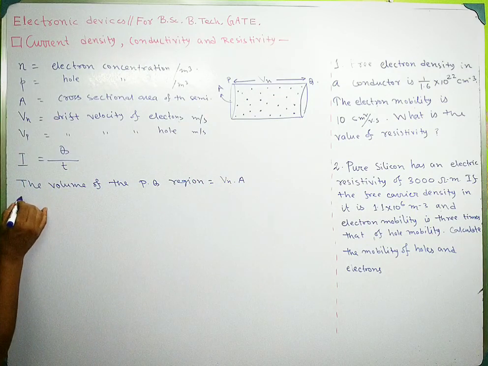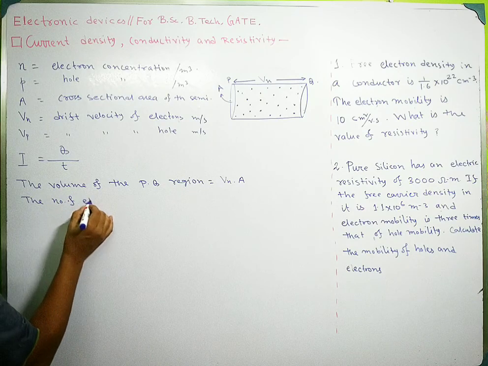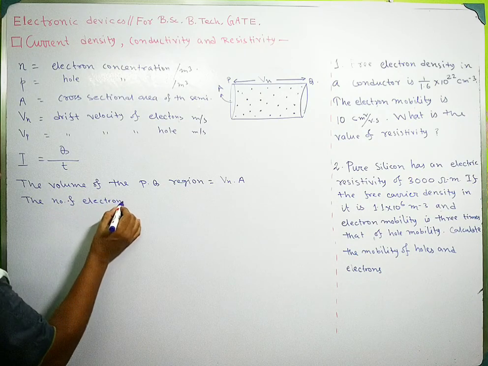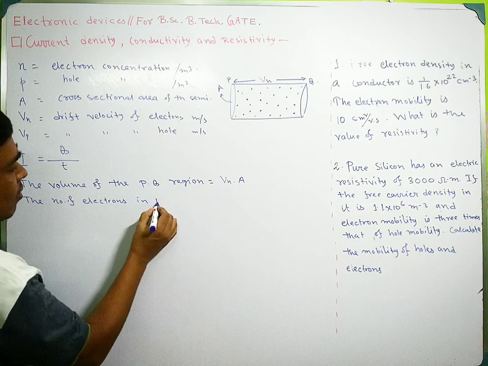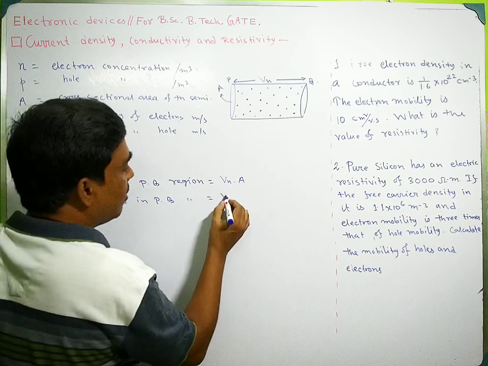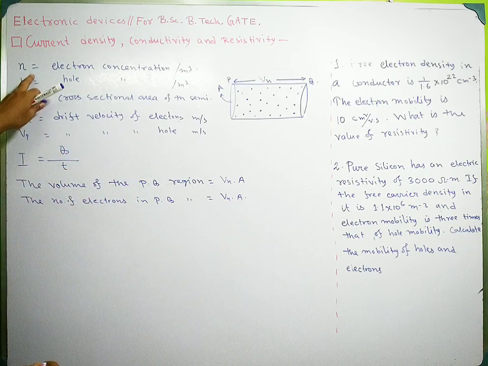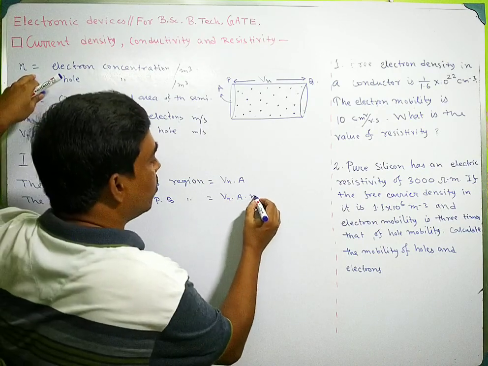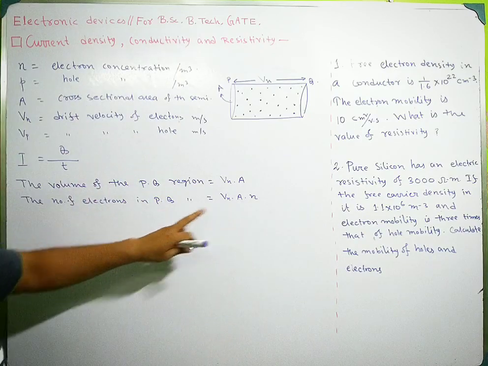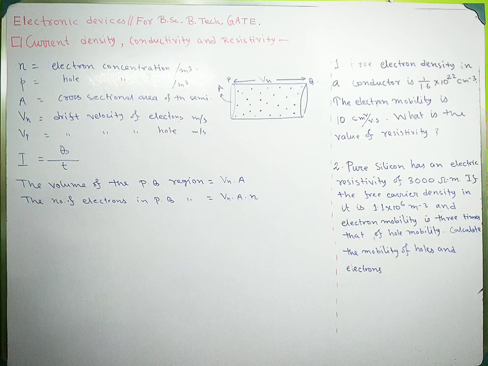So the number of electrons in PQ region is given by volume multiplied by the electron concentration. So this will give the number of electrons in this PQ region.